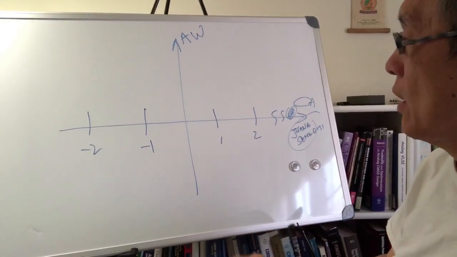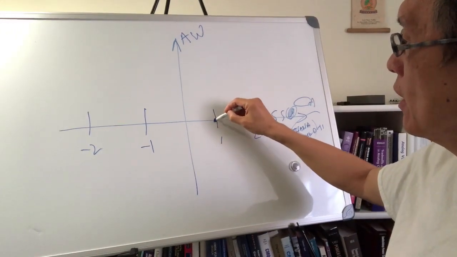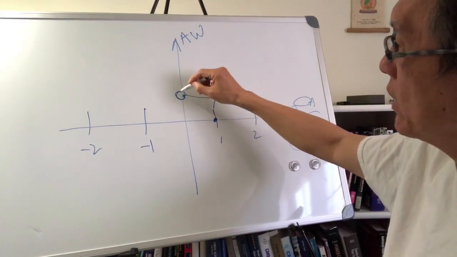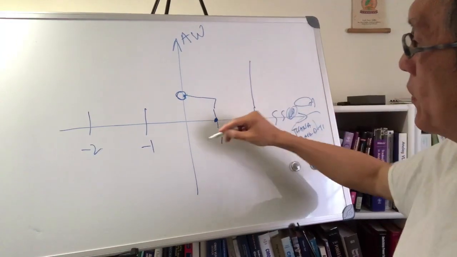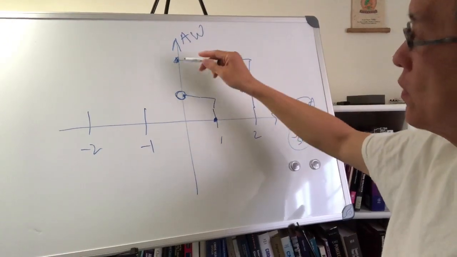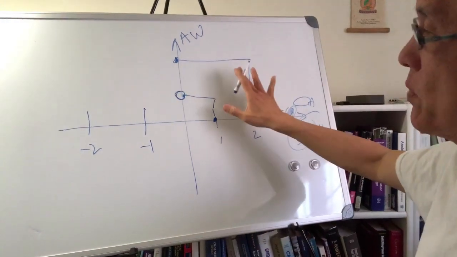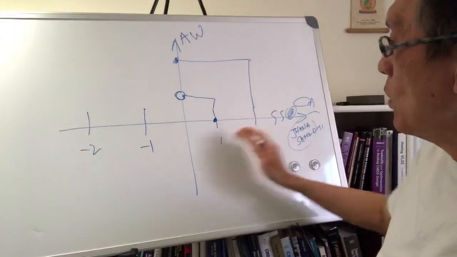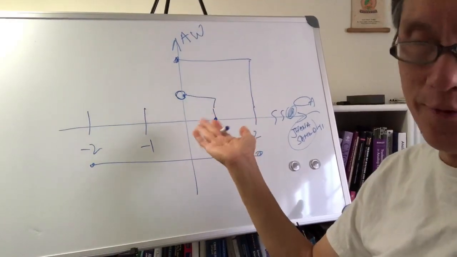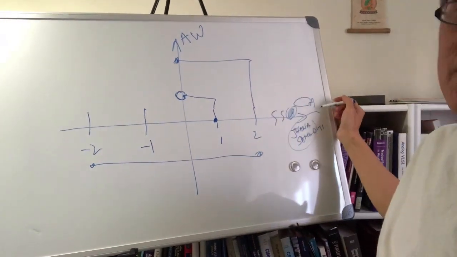At every calmness, there is going to be an associated awareness. The deeper the calmness, the broader or wider the awareness.